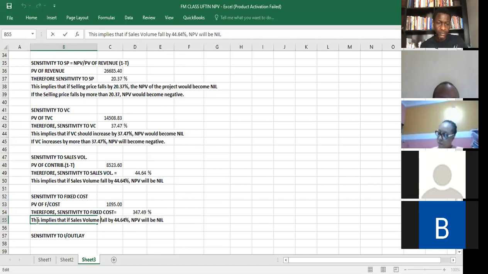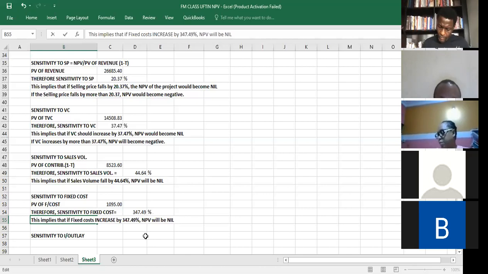Coming to that, so fixed cost should increase by 347.49%, then NPV will be nil.